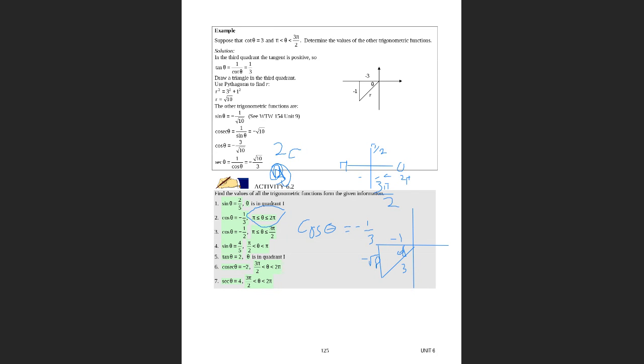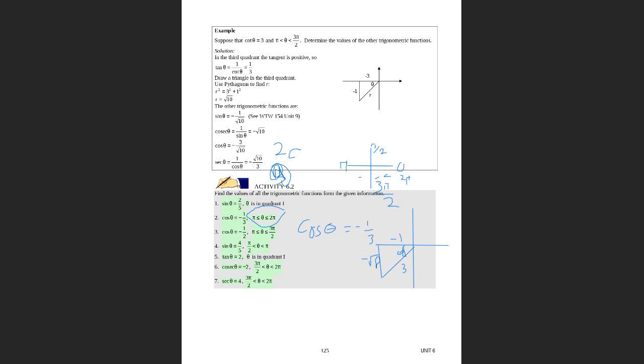Now, our next one. If you look at this, the most important thing is for you to be able to draw your CAST and know where your angle is going to be.